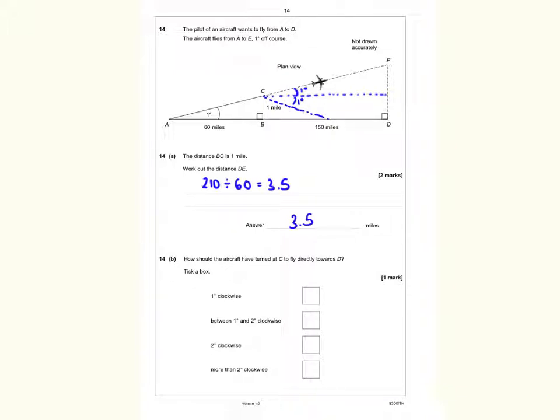Now also, it's not just that it's coming this way. We know that that's coming a little bit too far, and we need to have turned a little bit less than 2 degrees and a little bit more than 1 degree. So we can see that 1 degree doesn't do enough for us, and 2 degrees takes us too far off this way. So between 1 and 2 was the answer.